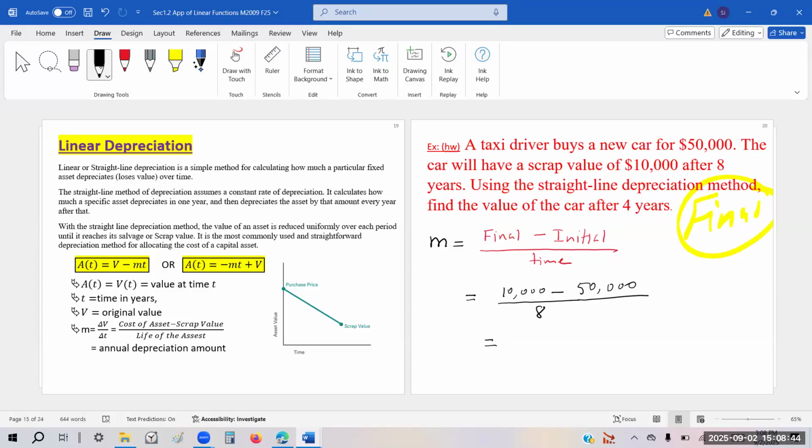It means the final amount, or we call it scrap value. Oh, that's because they already put the negative here.